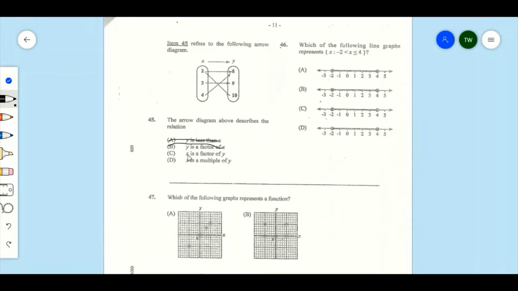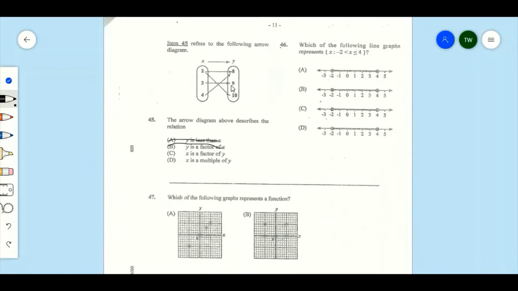C, x is a factor of y. So let's look at it. What is happening here? We can see that 2 is mapped onto 8, right? 2 is a factor of 8. 2 is also mapped onto 10, and 2 is a factor of 10. 4 is mapped onto 8, and 4 is a factor of 8.